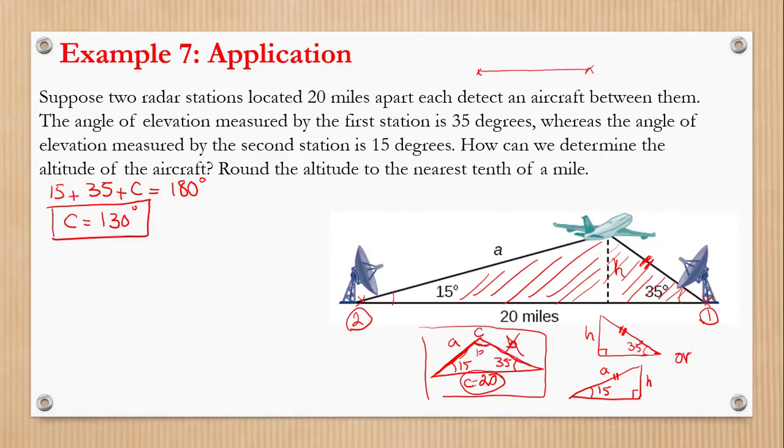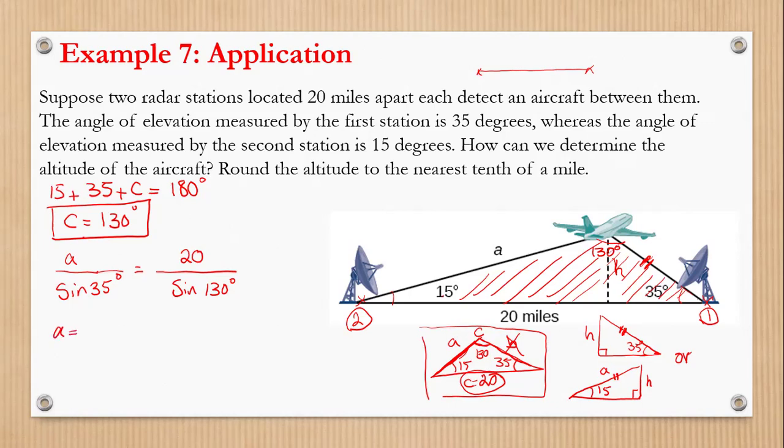Now everything is ready to use the law of sines, and I'm going to use it for finding A. So I can say A over sine 35 degrees must be equal to C, which is 20, over sine of 130 degrees. I can easily find side A from these fractions.